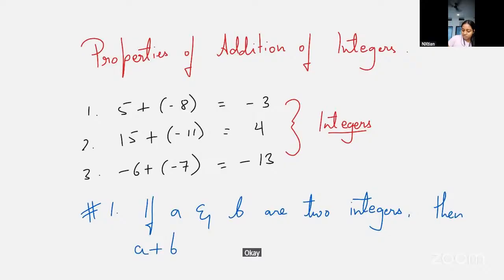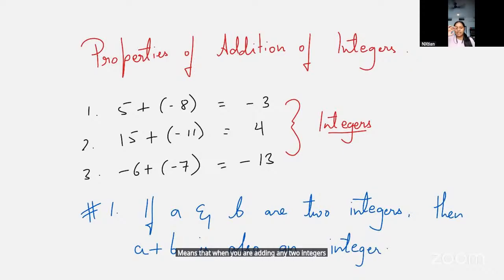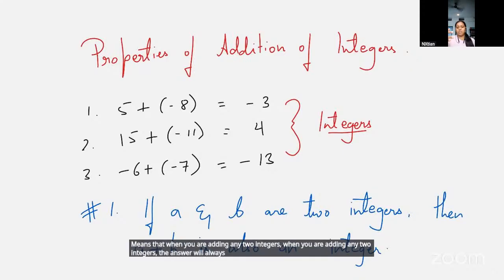Okay, A plus B is also an integer. Means that when you are adding any two integers, the answer will always be an integer. It will not be a fraction, it will not be a decimal, it will not be a mixed fraction.